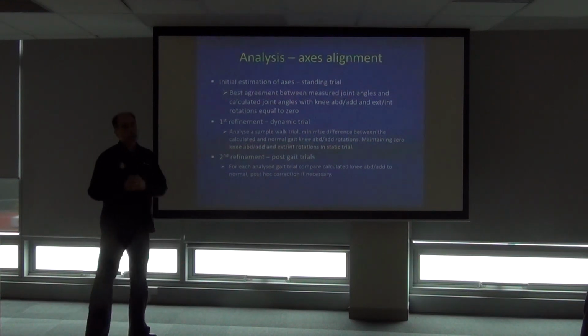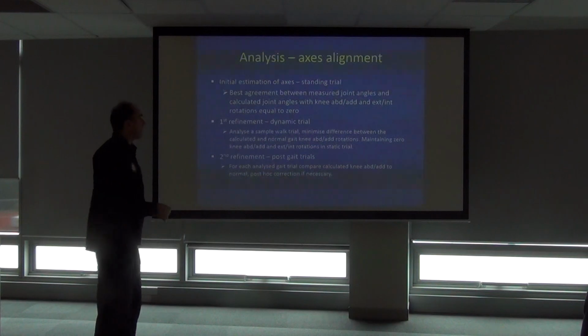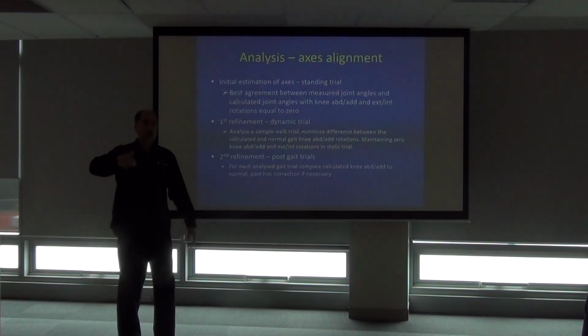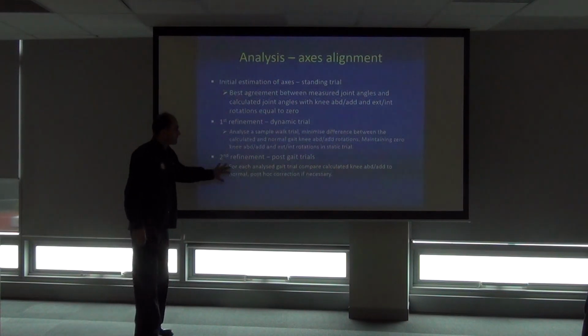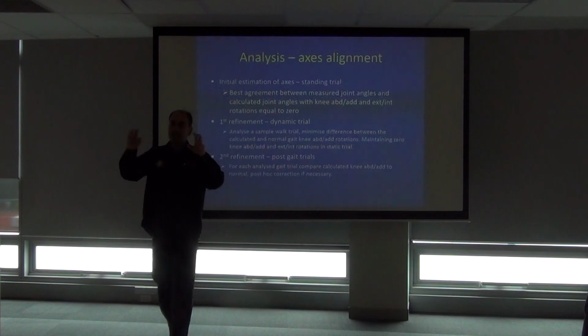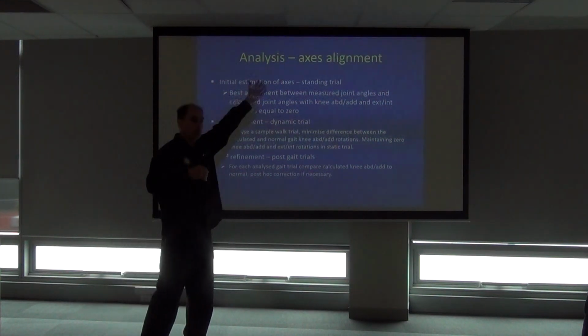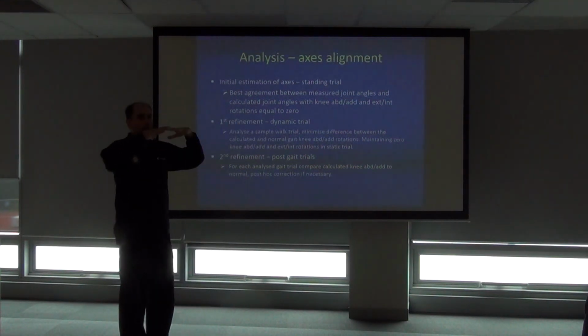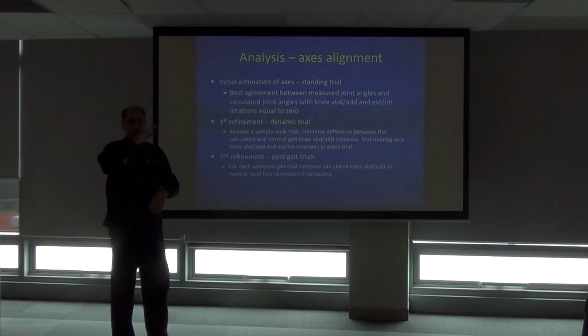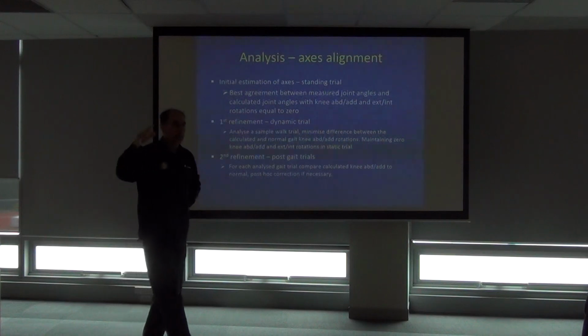Then the second refinement is the post hoc. Now, hopefully, if you've done the first two well, the second refinement, which is done on a trial-by-trial basis, is looking at the results, trial-by-trial, looking at the knee abduction, internal, external rotation, looking at our normal values that we saw earlier, and do they agree? Are they in agreement? Don't have to be exact, but are they agreeing? Again, it's subjective.